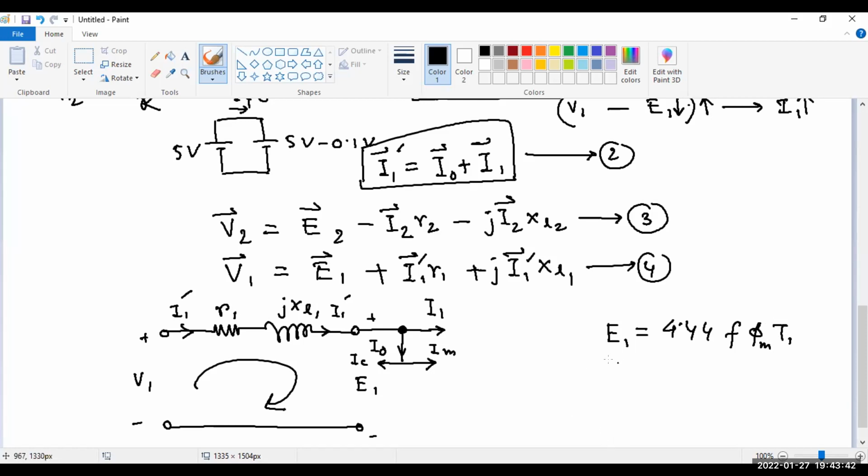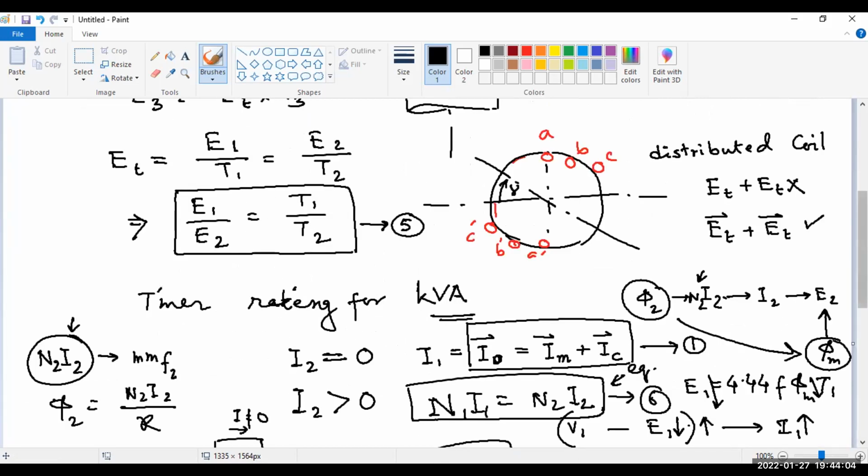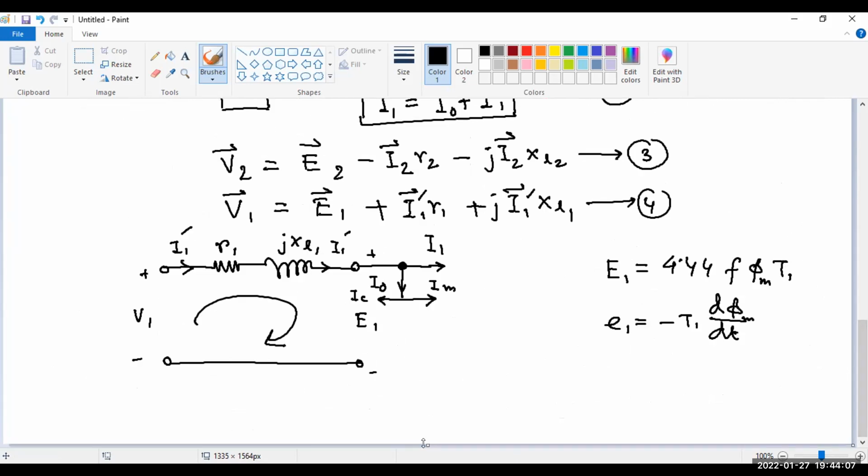Okay. So how actually we got this equation? Do you know? E1 equals to minus N1 d phi m dt. Am I right? Ultimately, we get this E1, capital E1 equation from this equation. This is a very basic equation as per Faraday's law of induction.